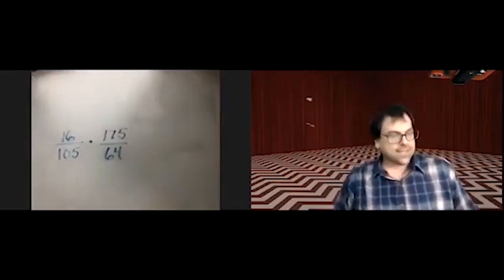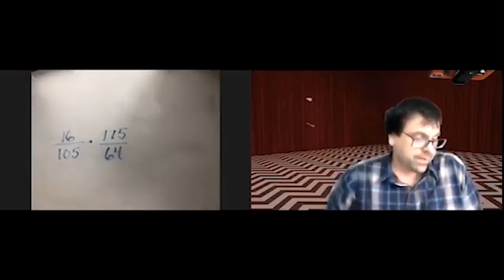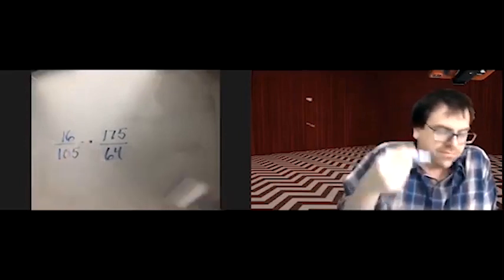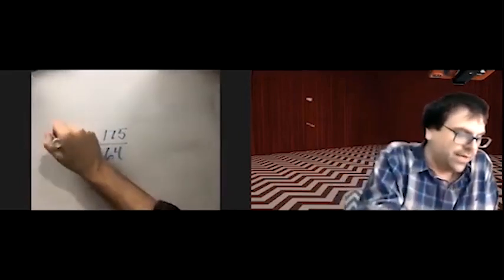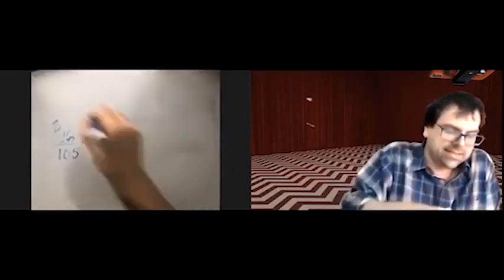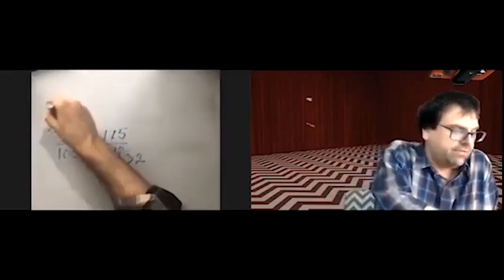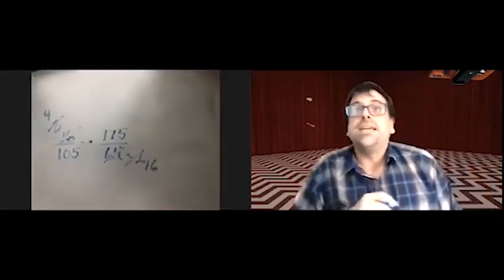I'm going to work on canceling, and I'm going to use small numbers. I know I can do 4, but they're both even. I'm going to break them down by 2. 16 and 64 broken down by 2 would be 8 over 32. Still even, cut them in half again, 4 over 16.